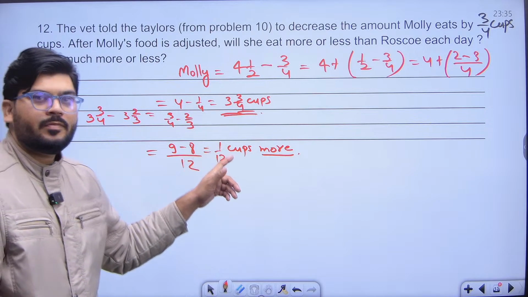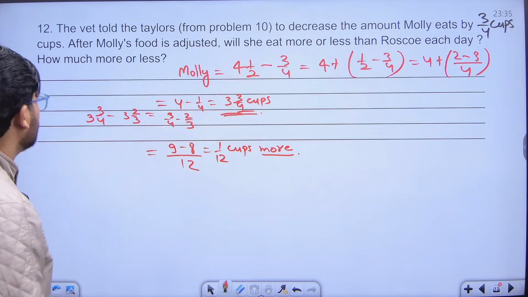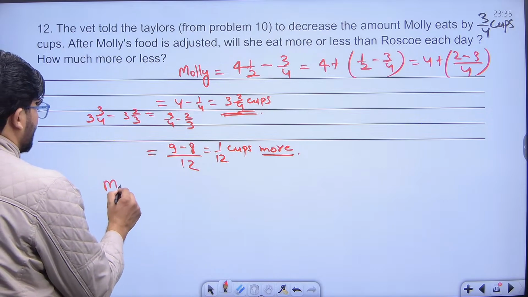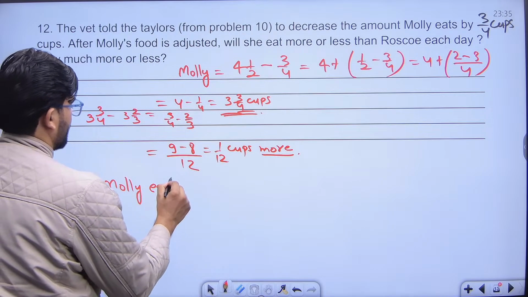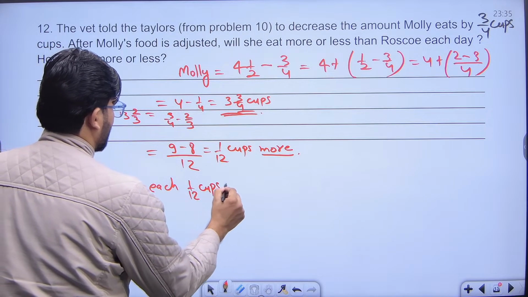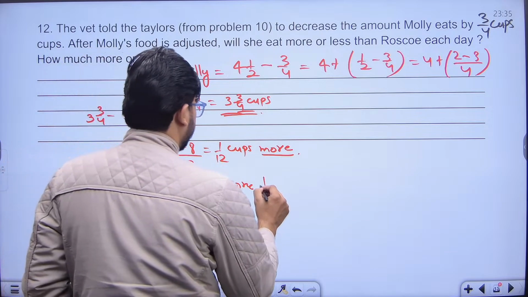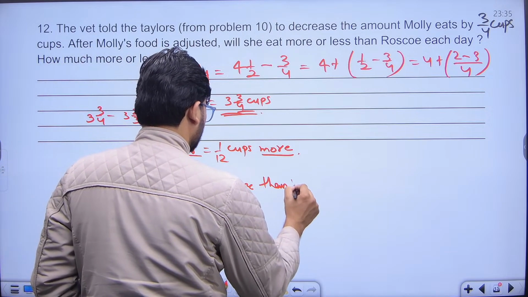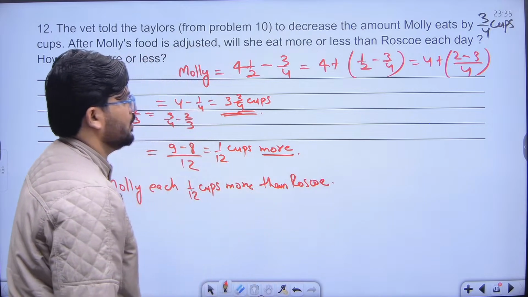Molly eats 1/12 cups more than Roscoe. We can write it like this: Molly eats 1/12 cups more than Roscoe each day.